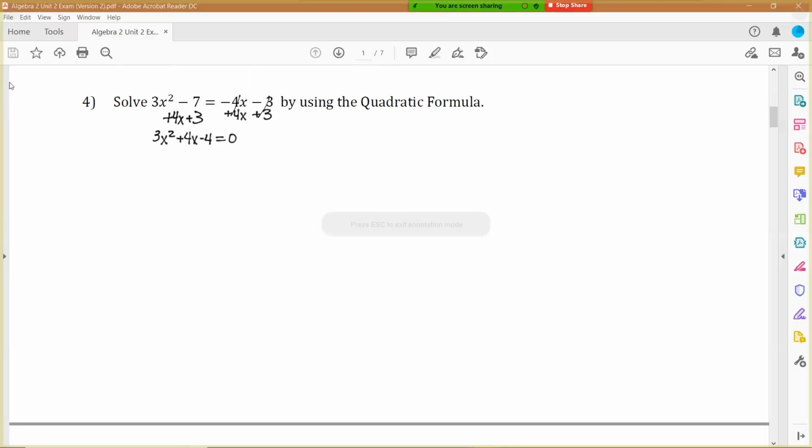So now when we use our quadratic formula, we're going to use an a value of 3, a b value of 4, and a c value of -4. So quadratic formula, x equals, the first thing we want on the top is -b. That means the opposite of whatever b is. So currently b is +4, so the opposite of that would be -4, plus or minus.